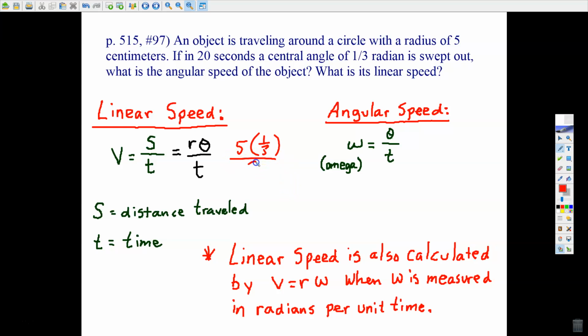Okay, so in our calculator, 5/3, and I'm going to put parentheses around 5/3 divided by 20. Yeah. 0.083.